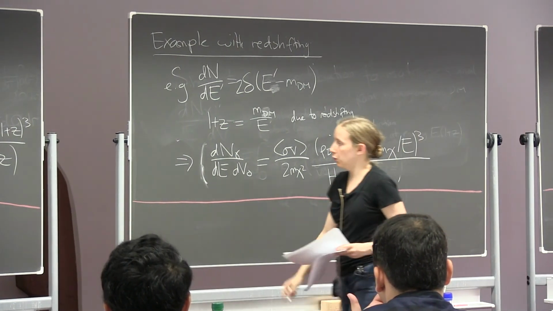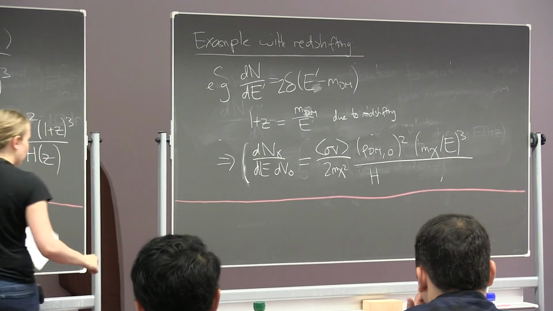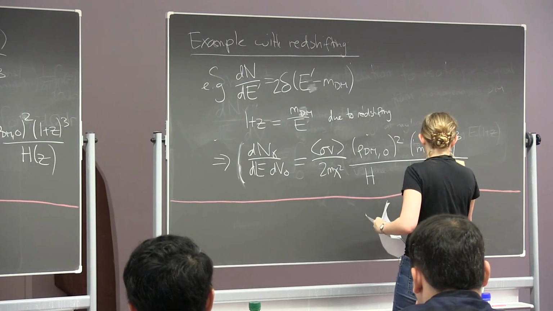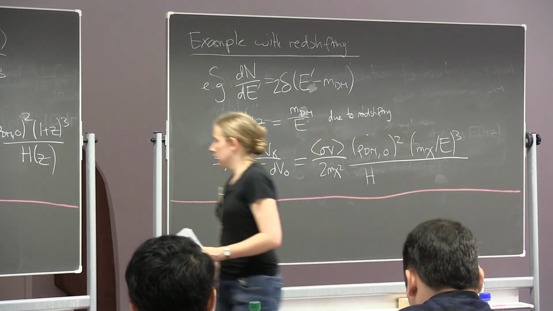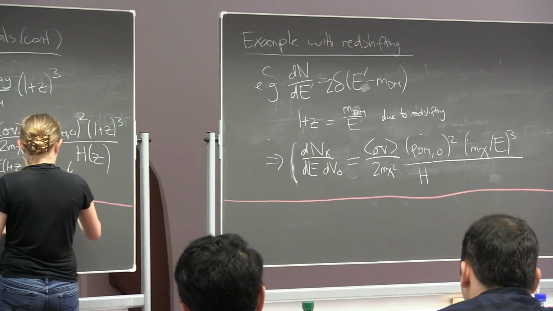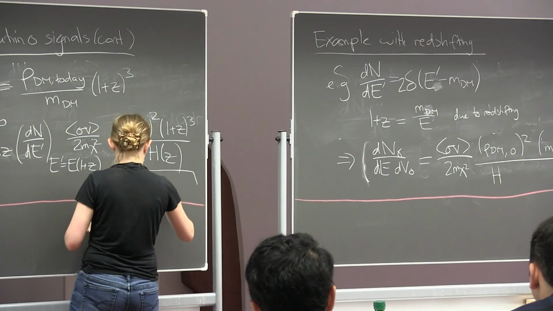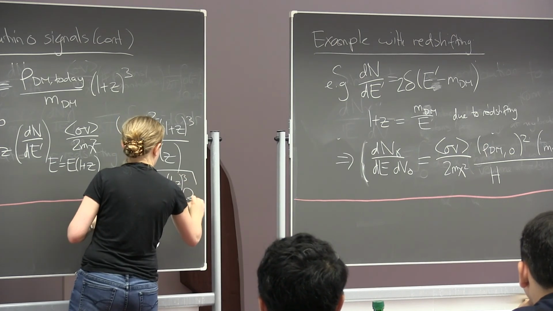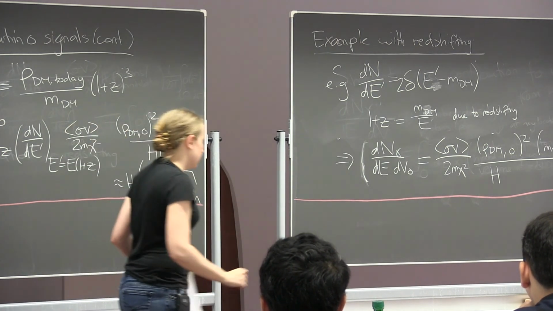And I need to know what H of z is. If I'm working at late times, so I'm looking at the epoch where matter and dark energy are what dominate, then I can write this in this form.